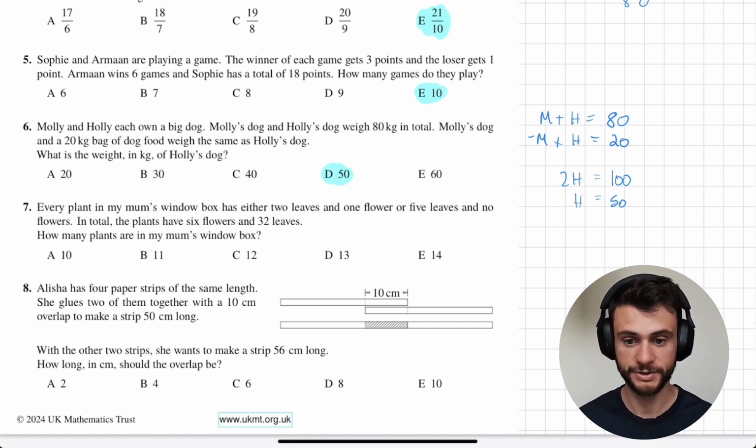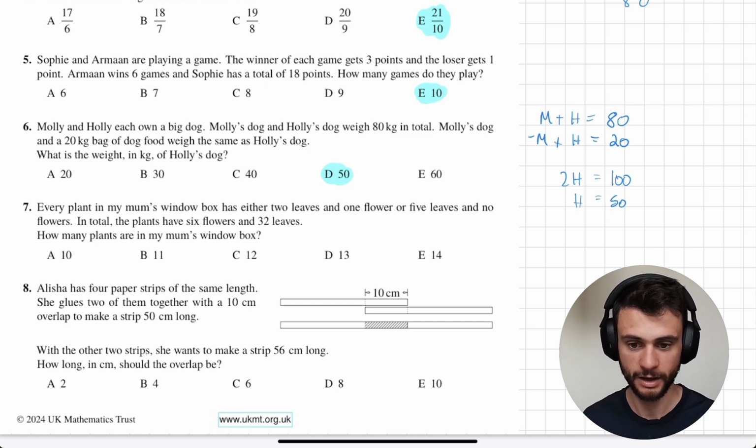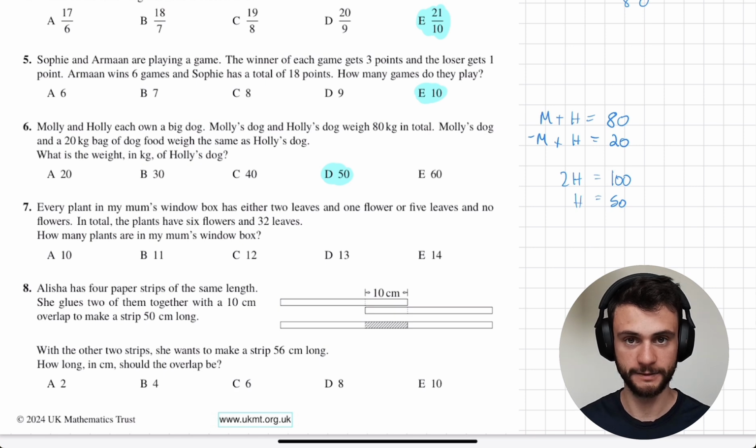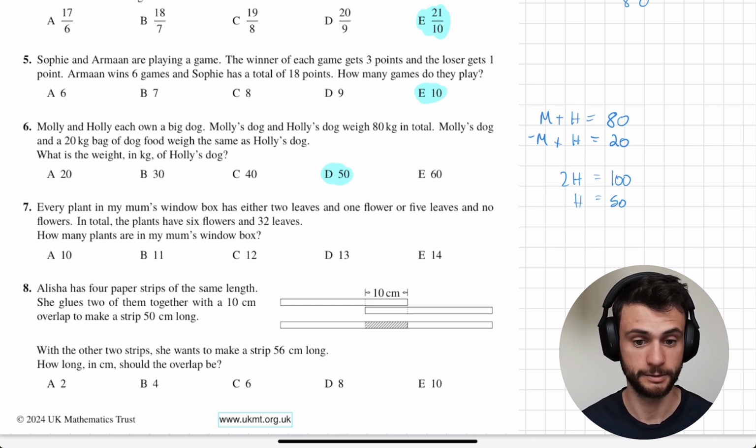So in total, there are 6 flowers, and each flower corresponds to 2 leaves. So in total, 12 of the leaves correspond to those 6 flowers. So there's 20 leaves left over, and these correspond to plants with no flowers.